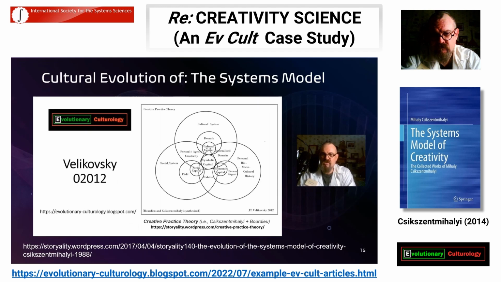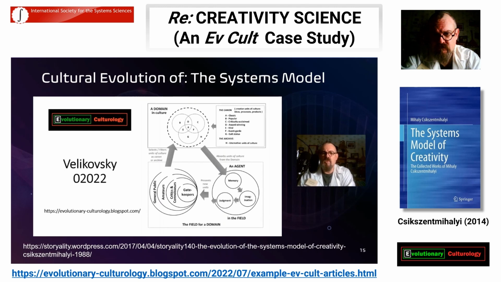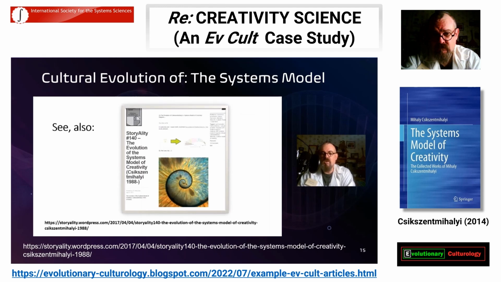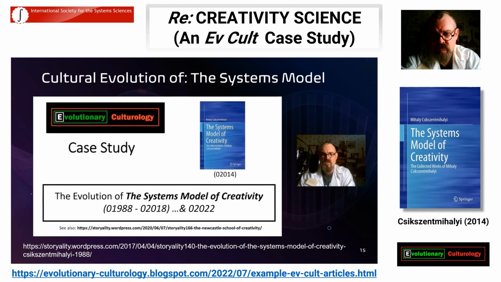Thanks to computational creativity. And here's 2 of my variations of the model. Creative Practice Theory and Evolutionary Culturology's Fractal Systems Meta-Model of Biocultural Creativity. There's a blog page there where you can read more about all that.